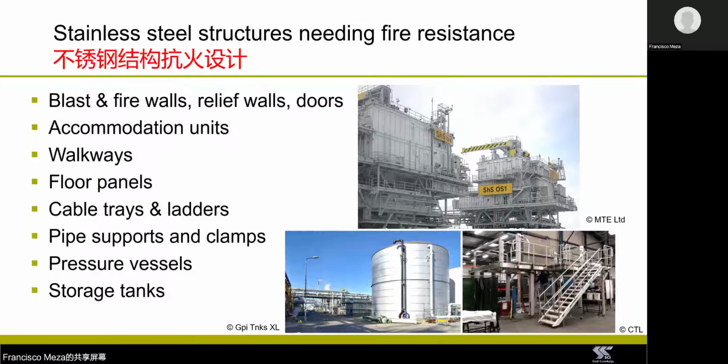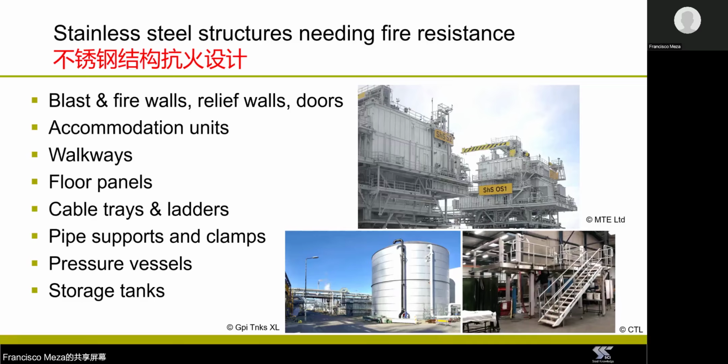This type of application would include offshore oil and gas platforms, chemical processing plants, petrochemical plants, or nuclear facilities, in which the stainless steel components are also required to have sufficient corrosion resistance to withstand the corrosiveness of the environment. Because of the volatility of the substances handled in this type of application, it is very important that key parts of the structure are able to provide adequate fire resistance.